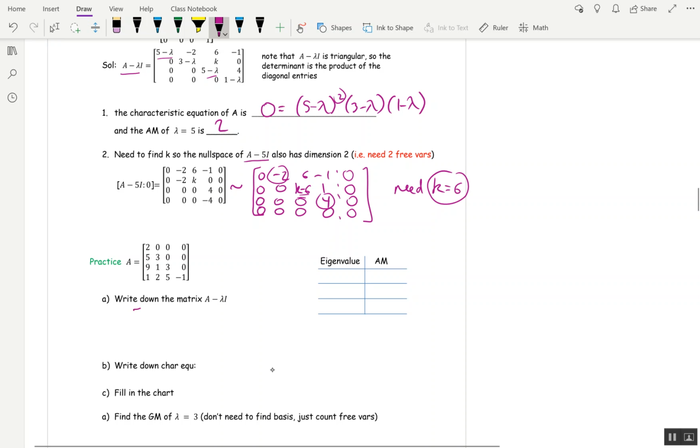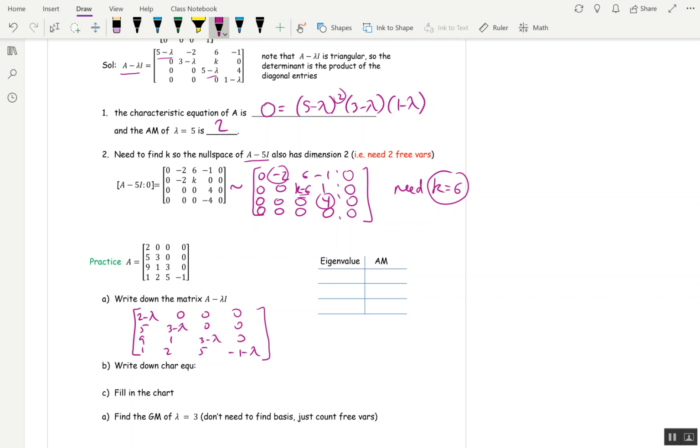Okay, the matrix A minus lambda I is 2 minus lambda, 0, 0, 0, 5, 3 minus lambda, 0, 0, 9, 1, 3 minus lambda, 0, 1, 2, 5, negative 1 minus lambda.